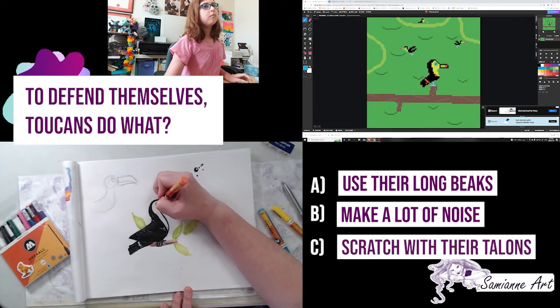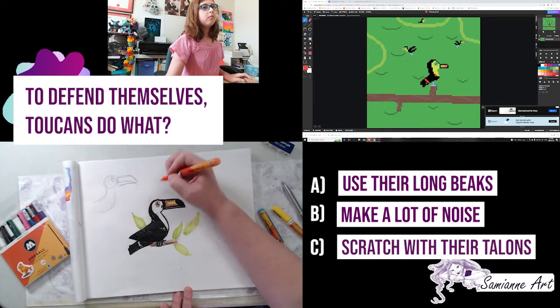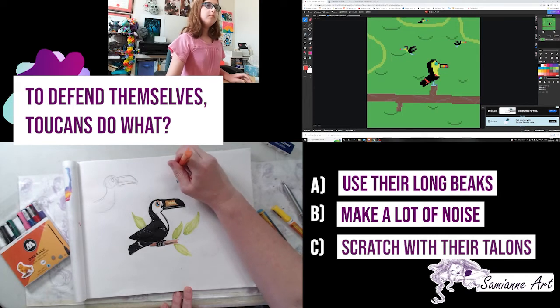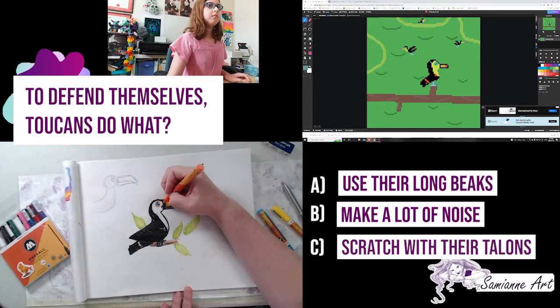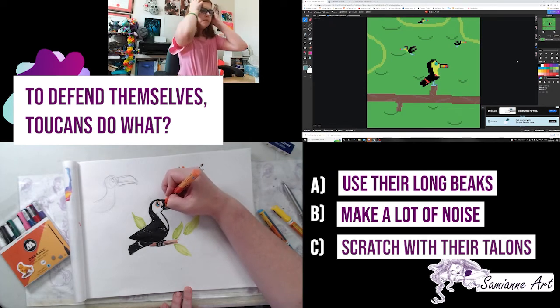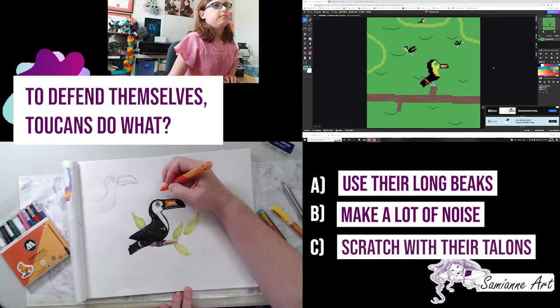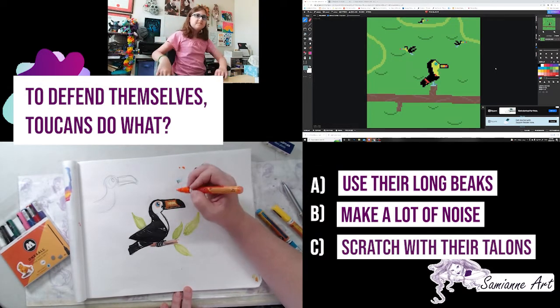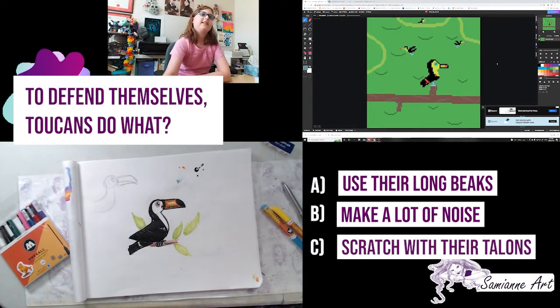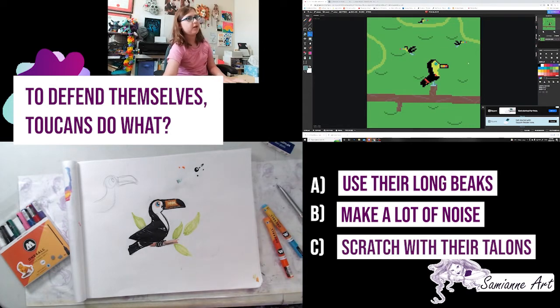It'd sort of be a gradient here. It wouldn't be super strong. Is my paint coming? A grove in the forest where he's got all of his toucan friends. That's pretty cool.